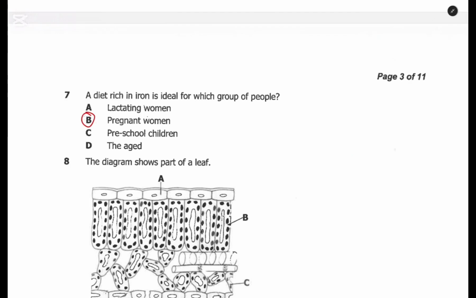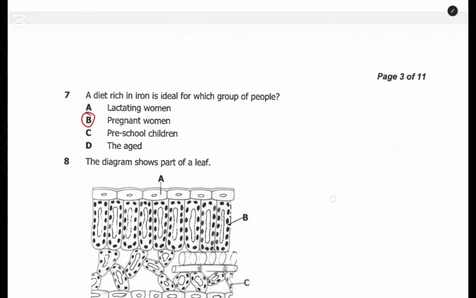So this is good for pregnant women because iron promotes the production of red blood cells. Therefore it is needed in pregnant women for proper growth of the fetus, or for normal growth of the fetus. Preschool children, no. Aged, no. So the answer therefore is B on this part.